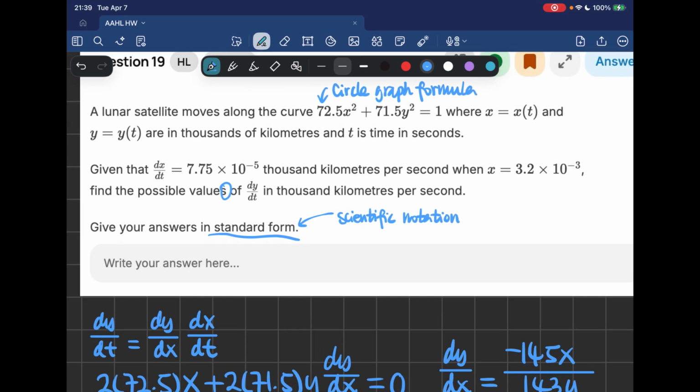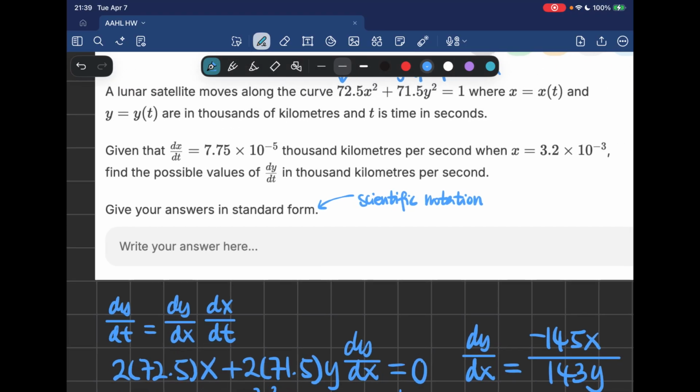We are going to use that golden formula again for related rates. We always use it. So dy over dt is what we are interested in, and it equals dy over dx times dx over dt. Same reason, cancel, and you have the same thing.